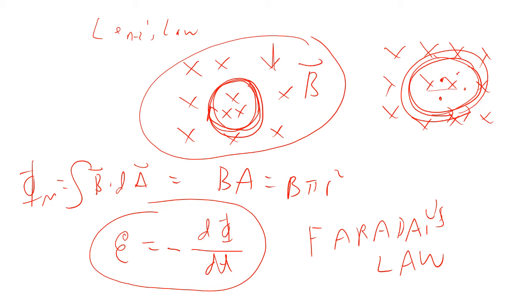That was an example of Lenz's law and Faraday's law in action. The faster you pushed the magnet into the coil or pulled it out, the bigger the effect. And the stronger the magnet, the bigger the effect. Those are all examples of Faraday's law and Lenz's law.